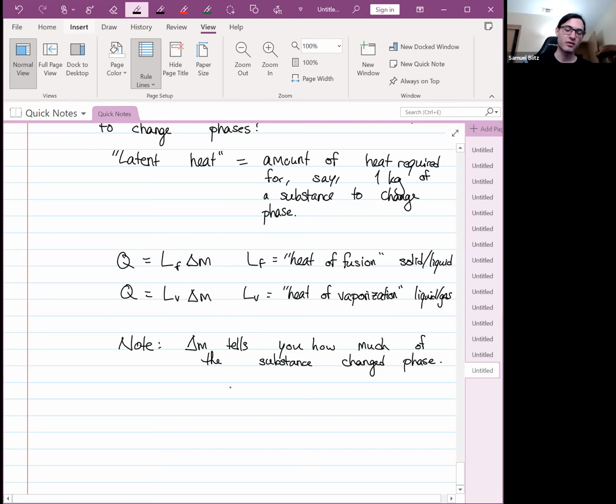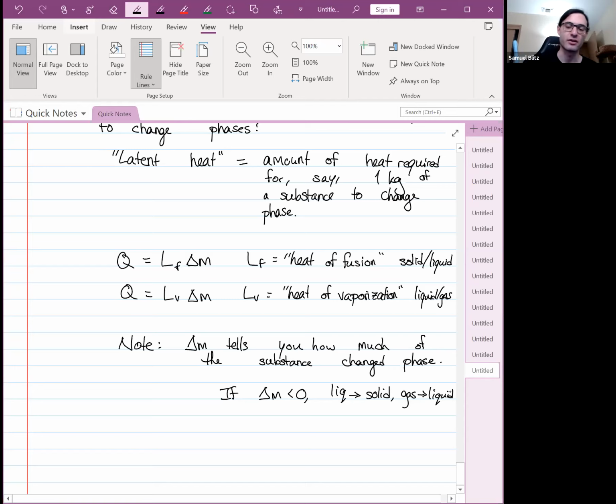Now, there is a sign convention that we can use. If delta M is less than 0, then the liquid is going to solid, or the gas is going to liquid, i.e. you're going down in energy. This delta M will be negative.